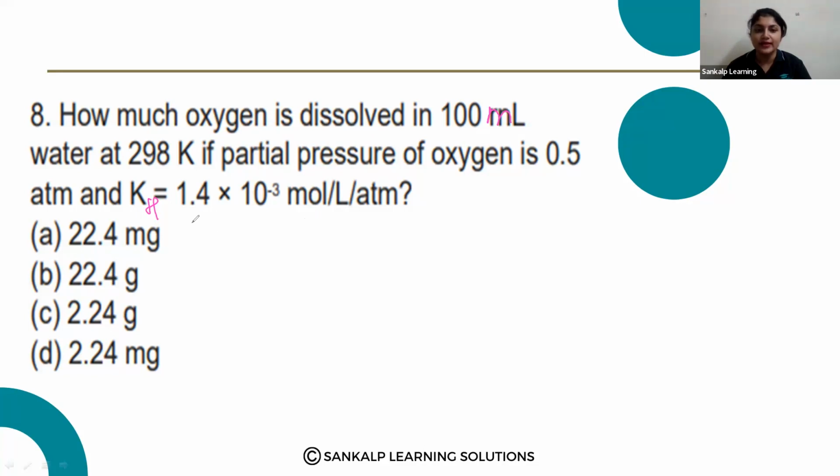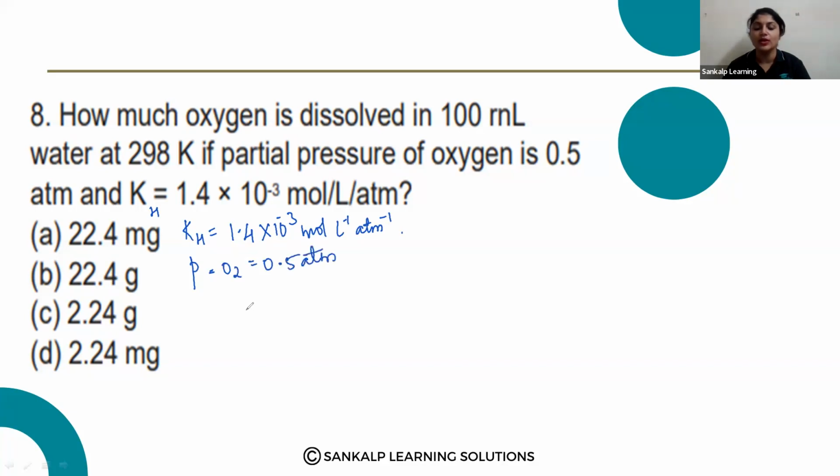So Henry's constant is given as 1.4 into 10 to the power of minus 3 mole per liter per atm. Now the partial pressure of oxygen is given as 0.5 atm.